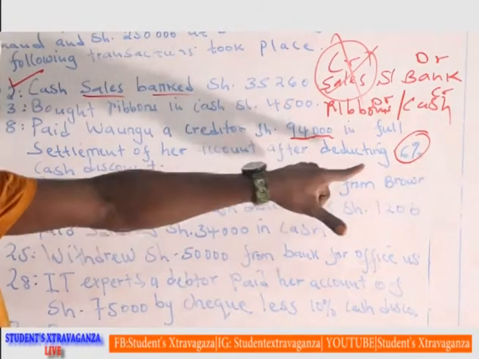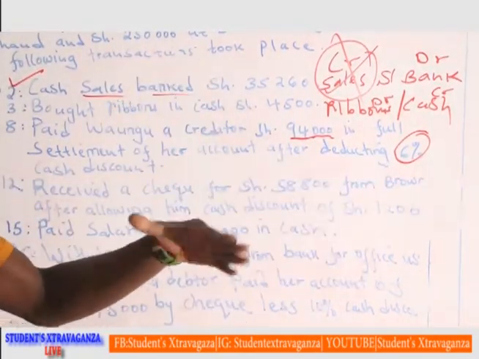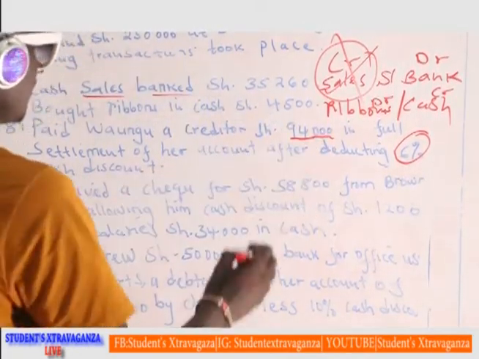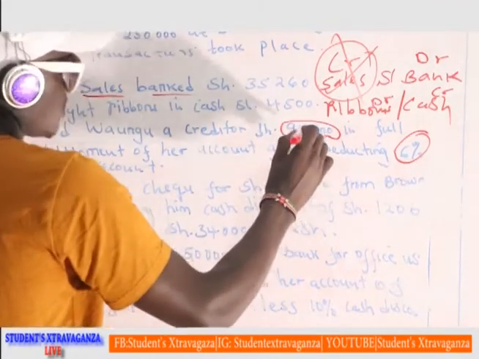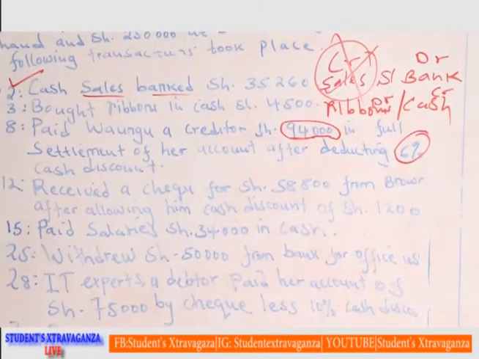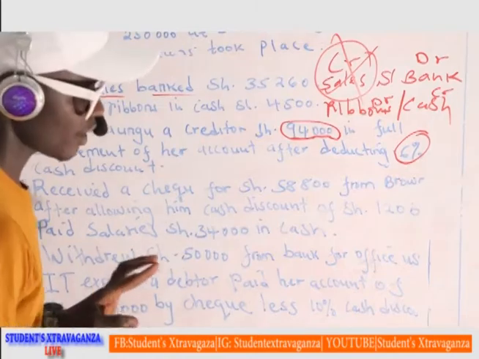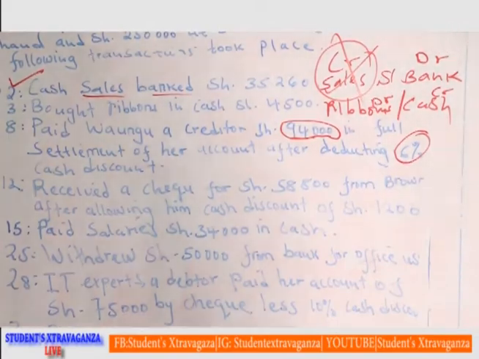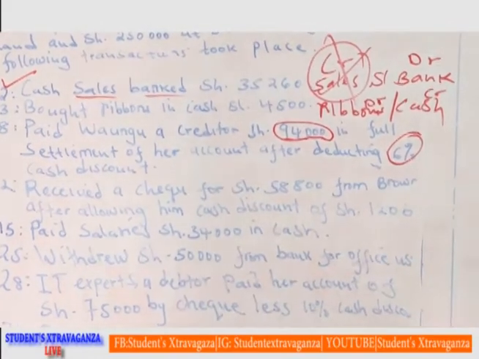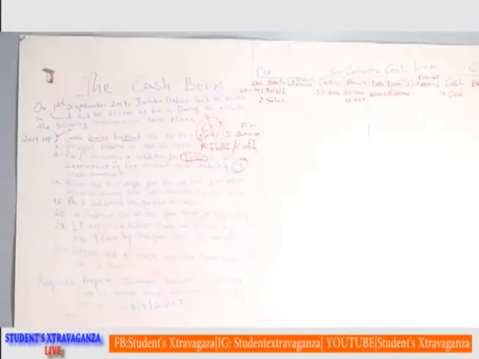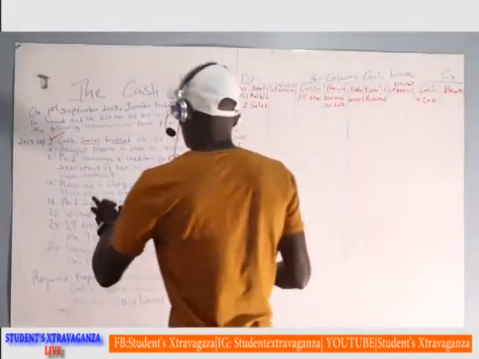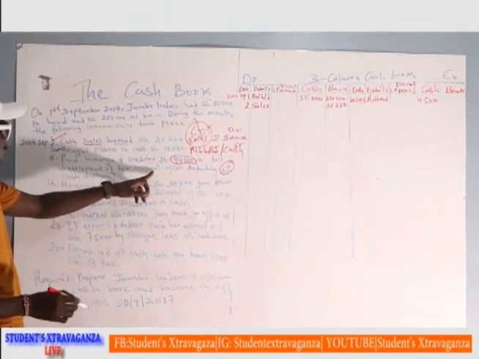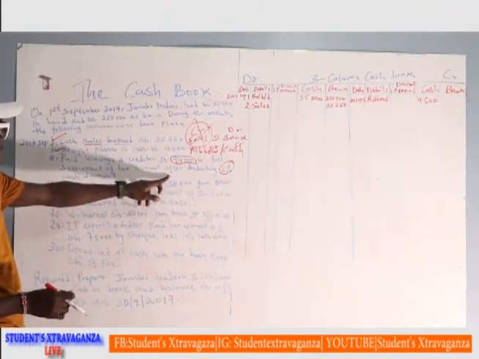So let's calculate the discount that Jumbo Traders were allowed. This represents 94% of the amount that he was to pay. We calculate the discount that he received.